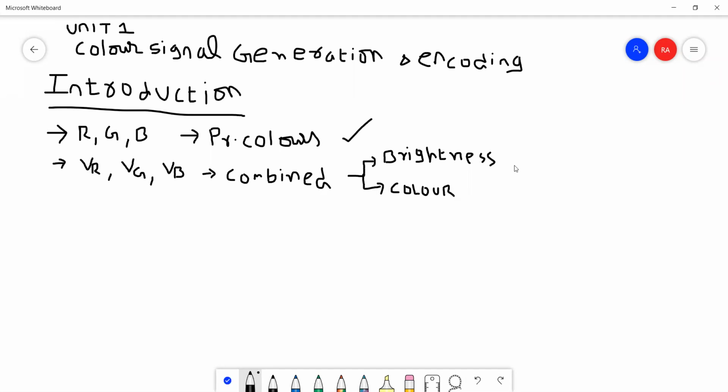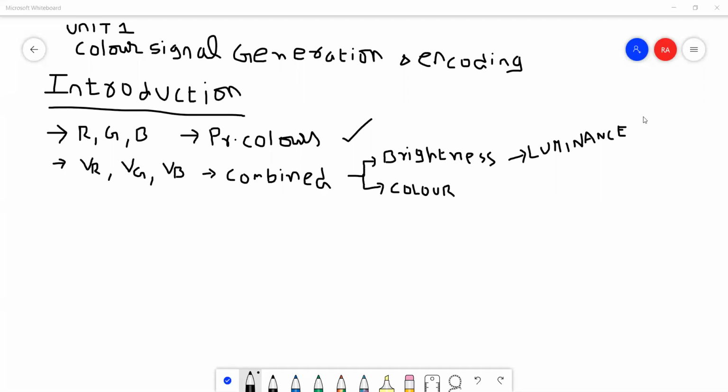This brightness signal is also called the luminance signal; you are very familiar with luminance. Don't forget, the brightness signal is technically called the luminance signal in TV engineering.